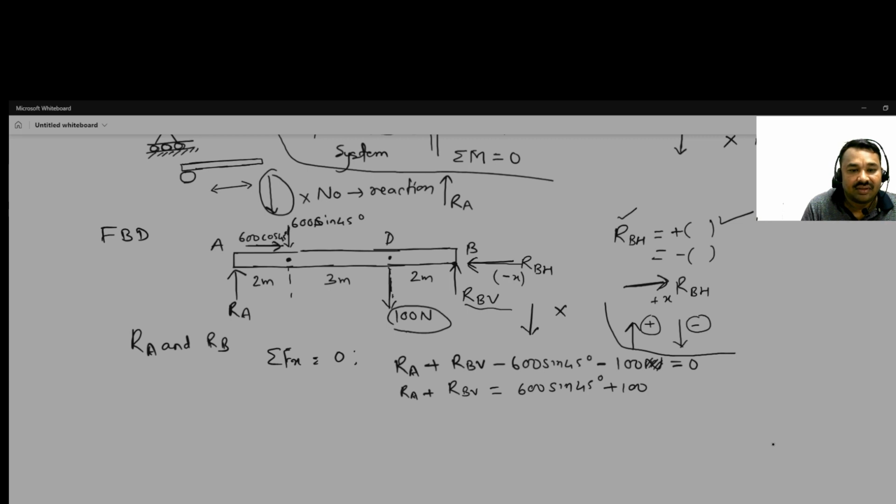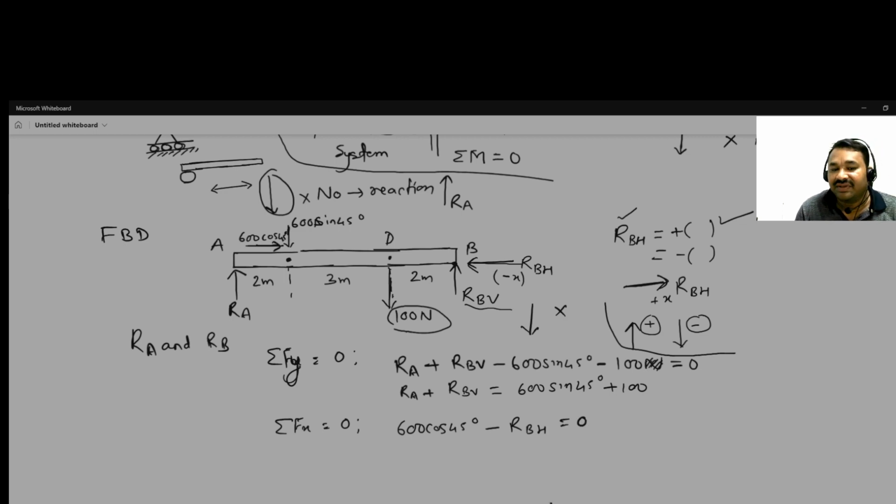Yeah, so this is actually Y. This is for Y direction. Okay, sorry for this, and let us take Fx is equal to 0. So what we have, 600 cos 45 degree, and this is the positive sign, and RBH is equal to 0.